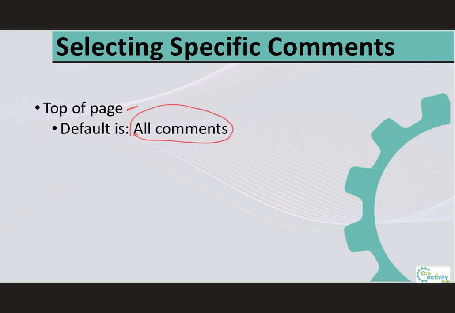But you can see, for example, comments from your peers or your comments or comments from the instructor, which is me, or comments from the TAs. These will all be under this All Comments tab. Just click on it and then a drop-down list comes out and you're going to select what type of comment you want to have access to.